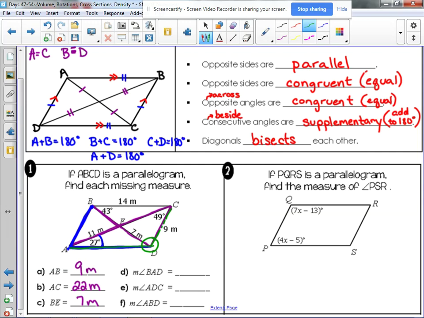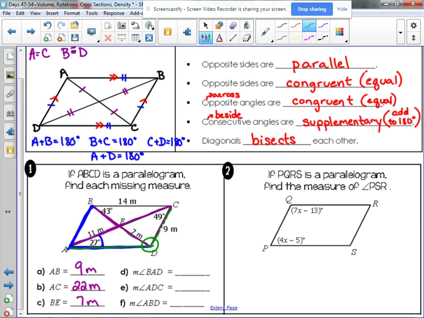Now, you might think that we're in kind of the same boat. There's not a whole lot of information there. And you'd be mostly true. But does anybody else see that when we put this diagonal right here, we've created a triangle in this side of the parallelogram? From A to C to D, we've got a triangle. We've got two of the three angles in that triangle.